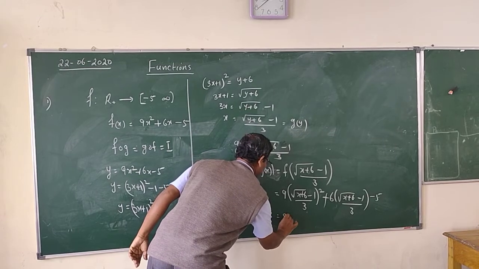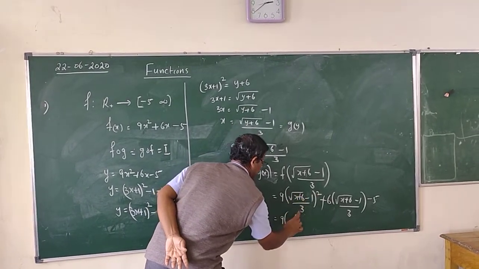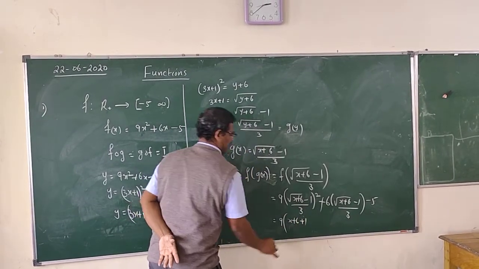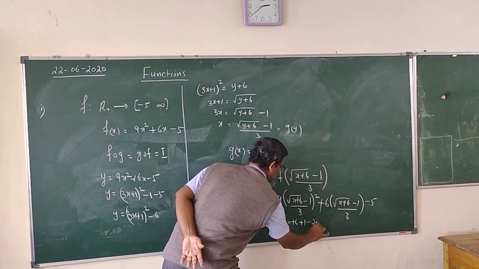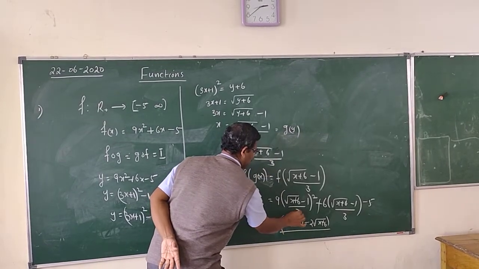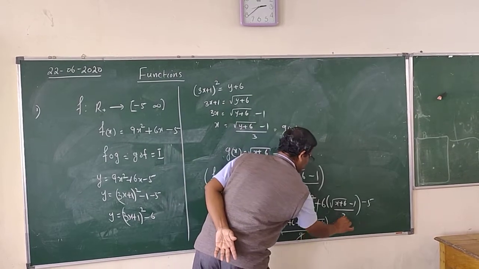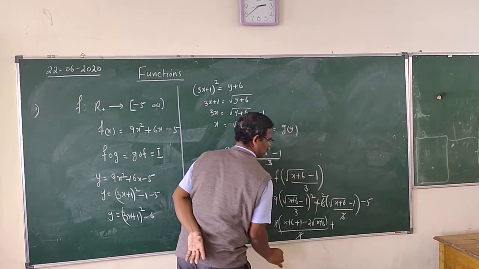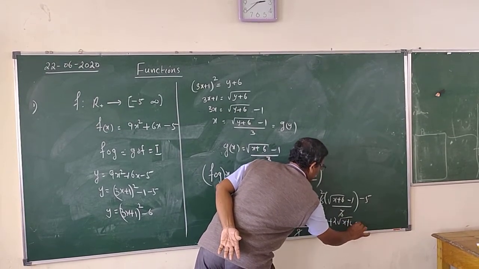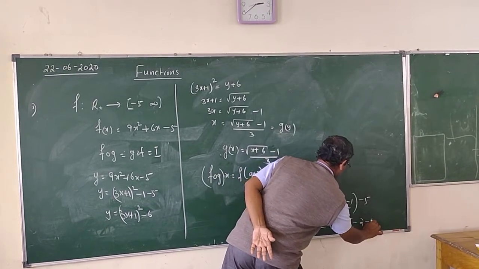Now let us simplify. When you take (a minus b) whole square, you will get a square, that is x plus 6, plus b square, that is 1, and then minus 2ab, minus 2 into root of x plus 6, divided by 9, since the square of 3 becomes 9. This 9 gets cancelled, and here 2 times root of x plus 6, then minus 2 minus 5.